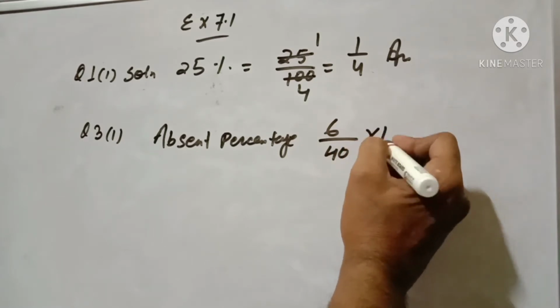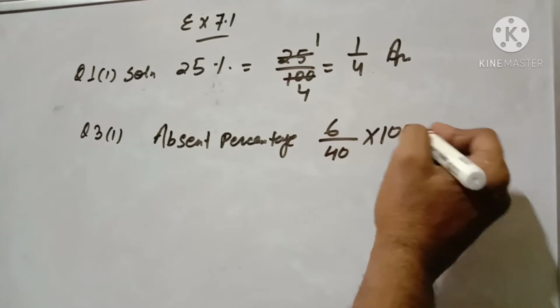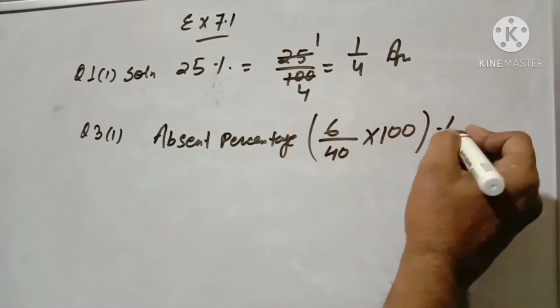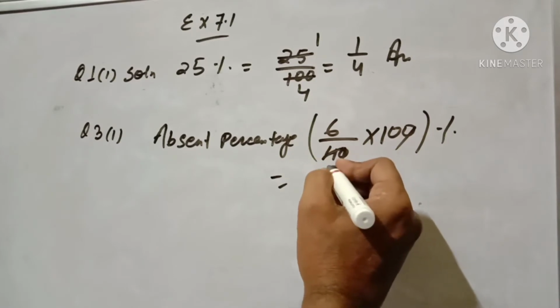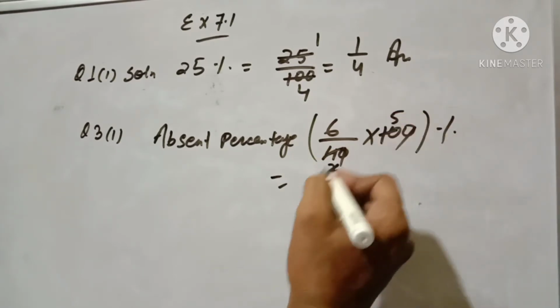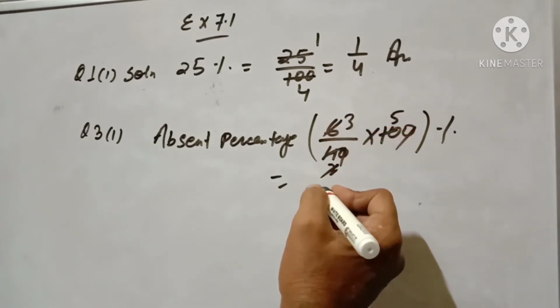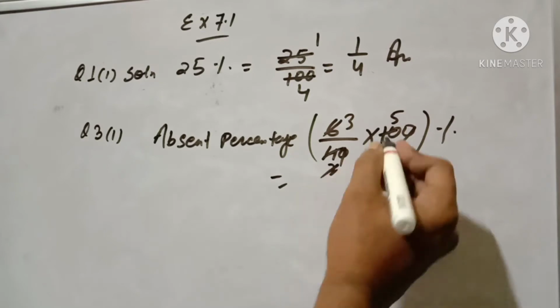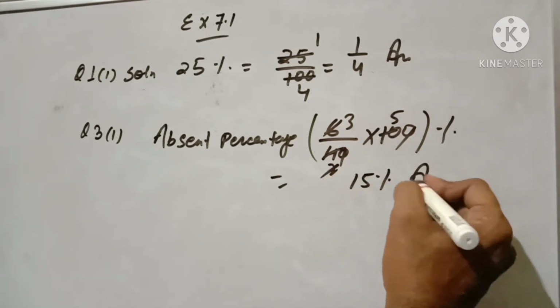So give 100 and put the percentage sign. This 0 cancels, 2 2s are 4, 2 5s are 10, and 2 3s are 6. So 3 5s are 15. 15%. This is our required answer.